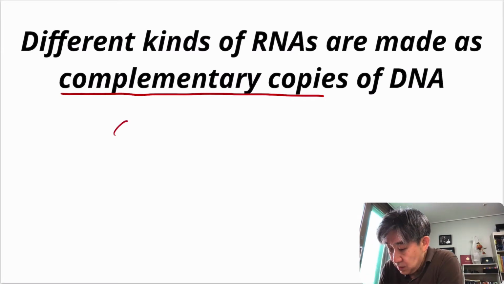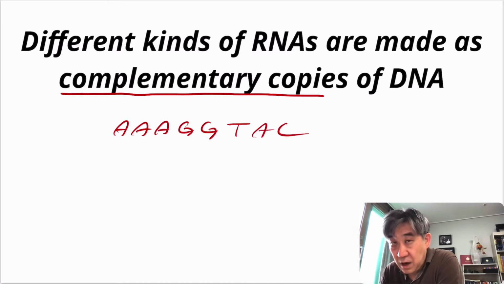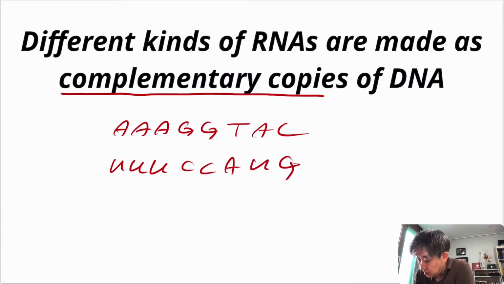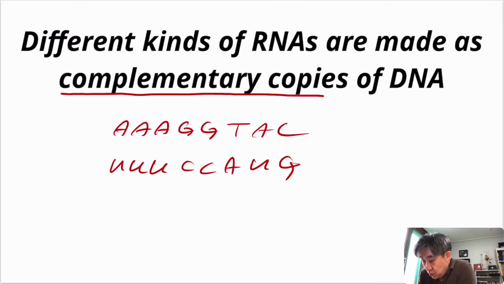If the DNA sequence was GGTAC, then the RNA sequence which is made is UUUCCAUG. Okay, so this is the RNA, but then we know the DNA exists as a double helix, double strand, so only one of the two strands will be used in such complementary copying.